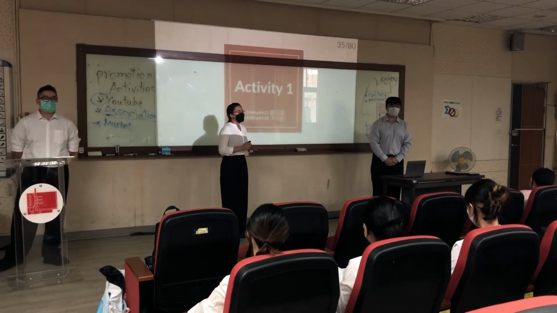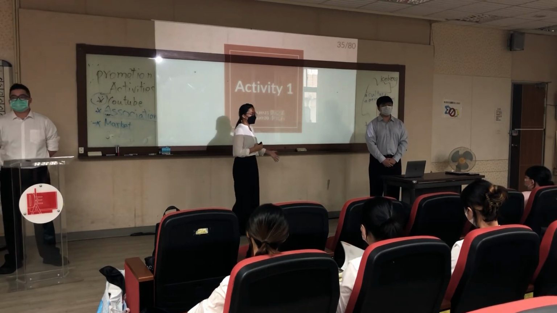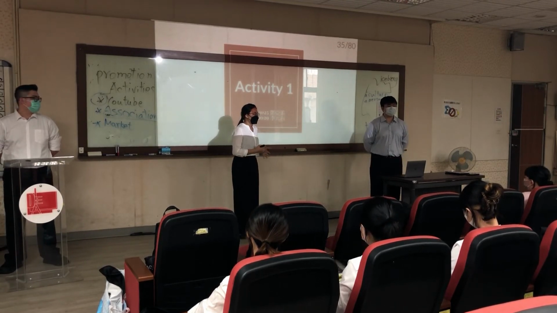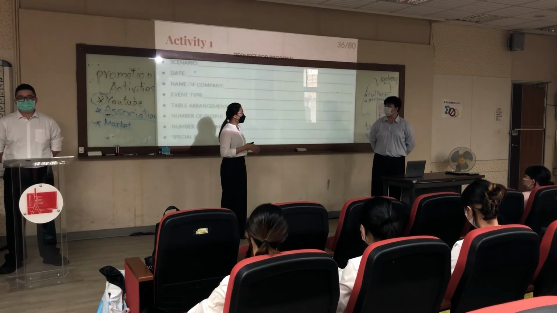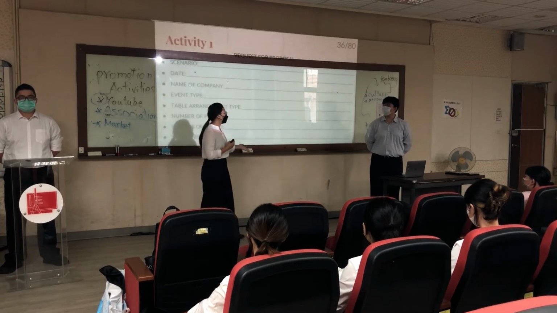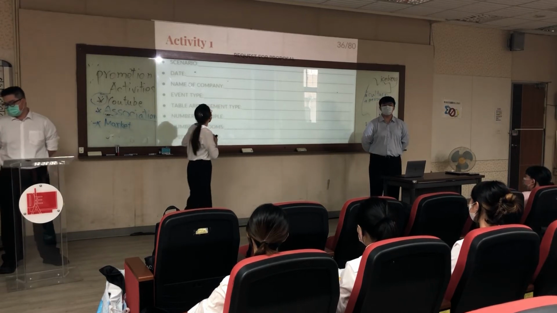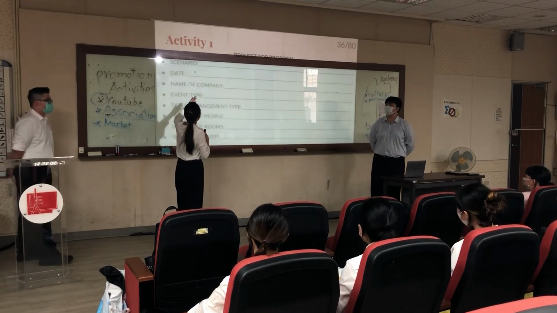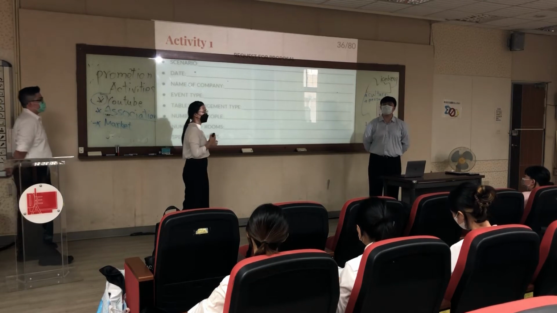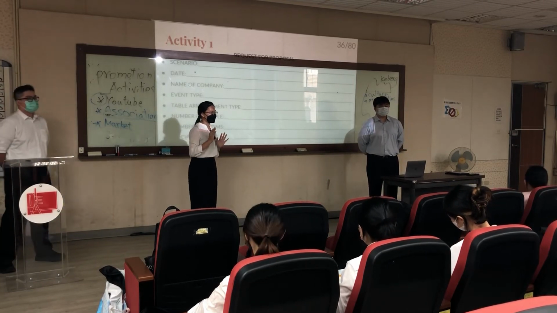And now, in this section, the company is going to hold an event, and we need to fill out this request form. From the request form scenario to special request, all of the information is in the scenario.